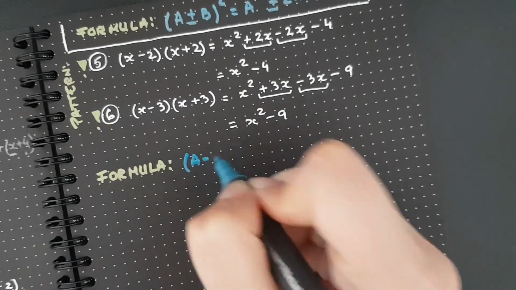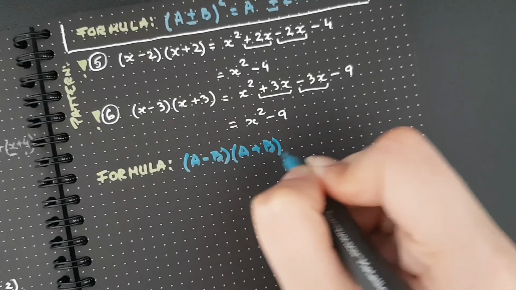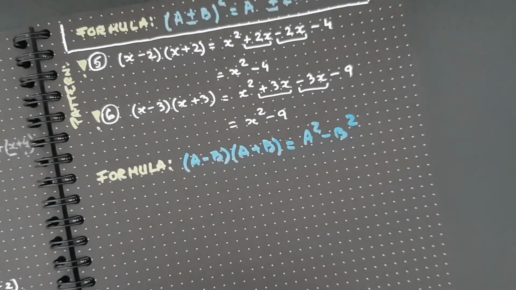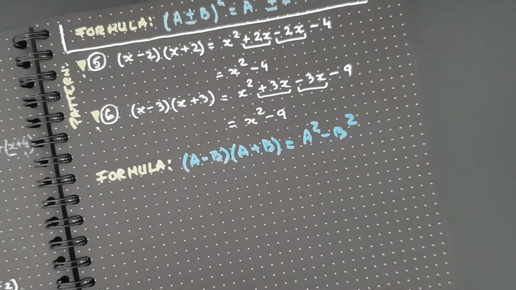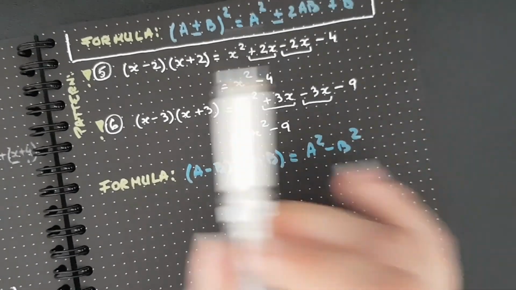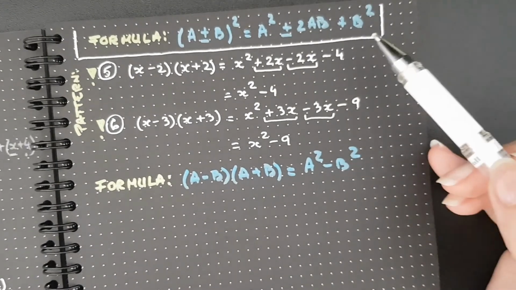So it's a minus b or a plus b, and it's always the first one squared, take away the second one squared. Obviously it works if the brackets are the other way around. Now, don't get me wrong, in maths, after you see a pattern, you get the formula, it works every time, but you have to prove it.